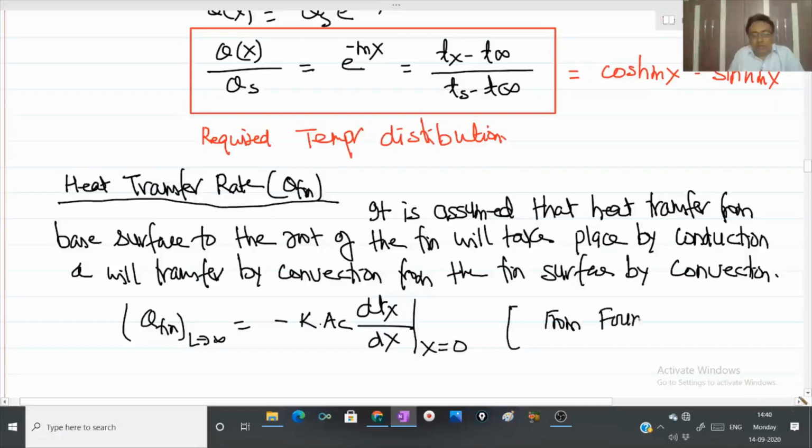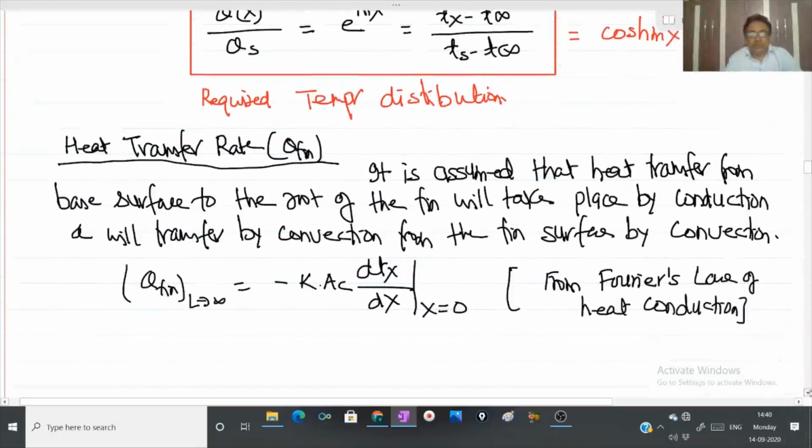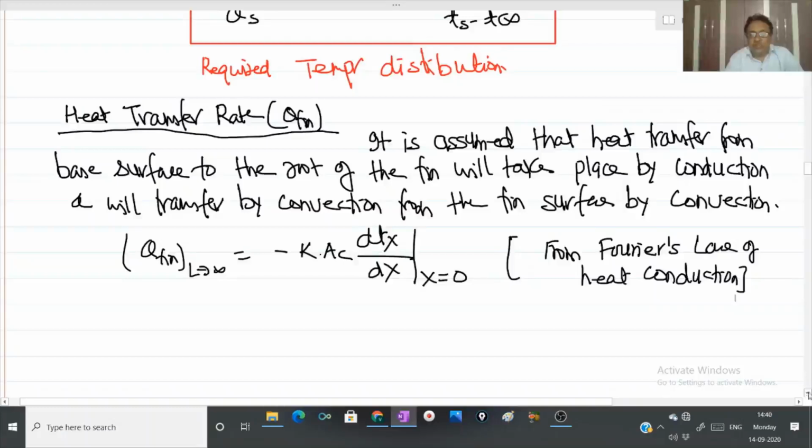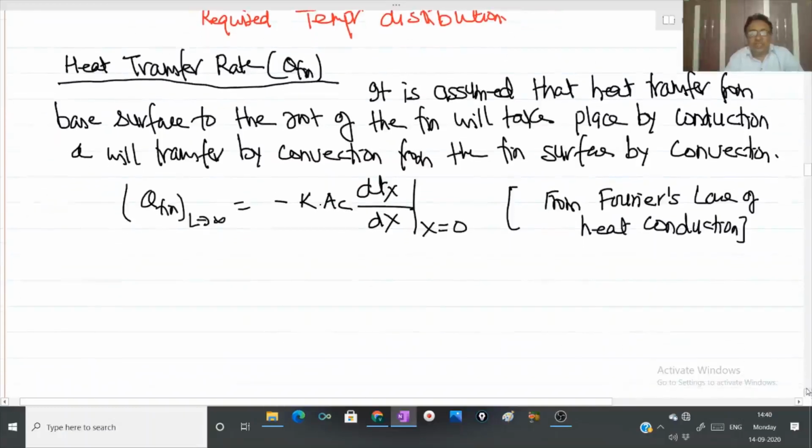From Fourier's law of heat conduction. So if I get the value of this temperature gradient dTx over dx at the root of the fin, I can get the expression for Q fin. So minus K into AC d over dx.